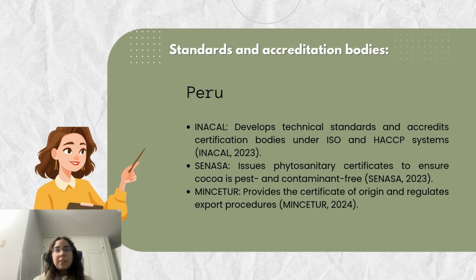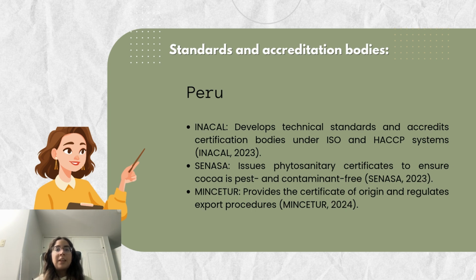In Peru, there are several important institutions that make sure cacao exports meet international quality and safety standards. First, we have INACAL, the National Institute for Quality, which sets technical standards and accredits laboratories that certify products under ISO and ASAP system.